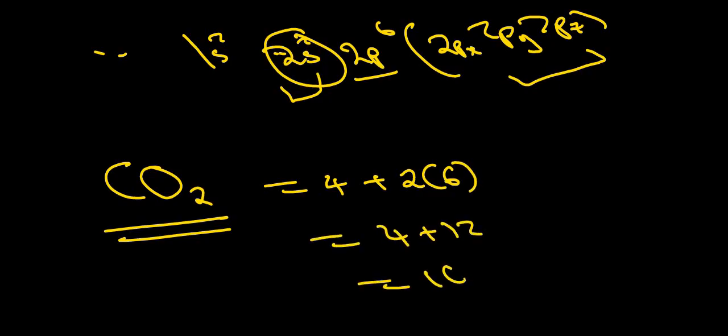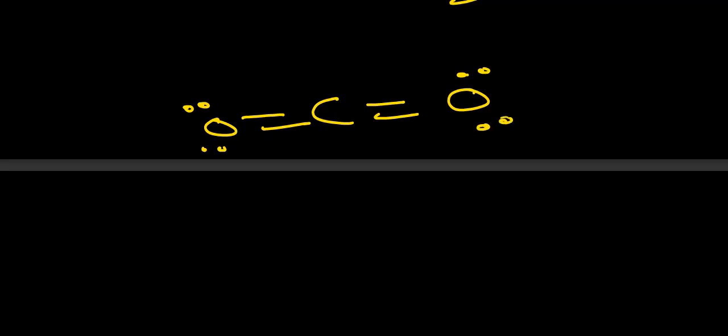This gives you 16. So we have to distribute the 16 electrons, and by the time you are done, carbon dioxide will have double bonds. No wonder the bond angle of carbon dioxide, if you check the schema table I once sent in the WhatsApp group, the bond angle is simply 180 because on carbon there are no lone pairs and it's a linear structure, right? Because it has double bonds.